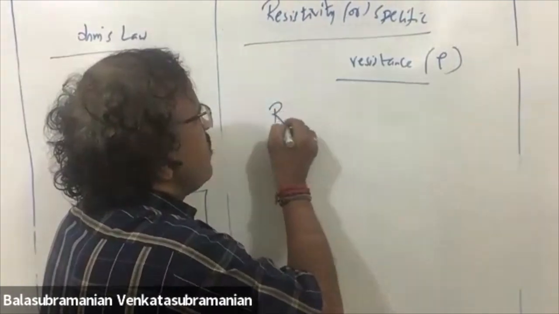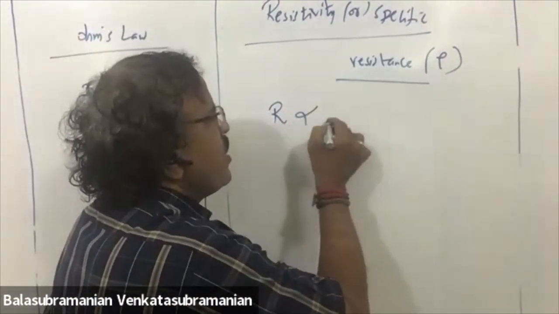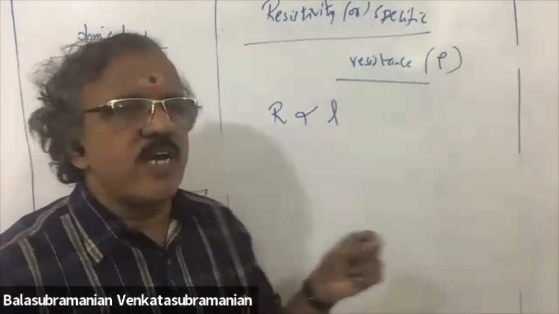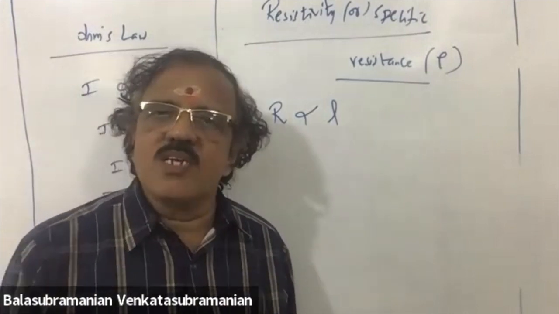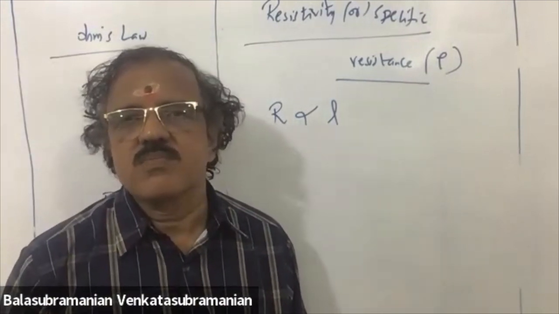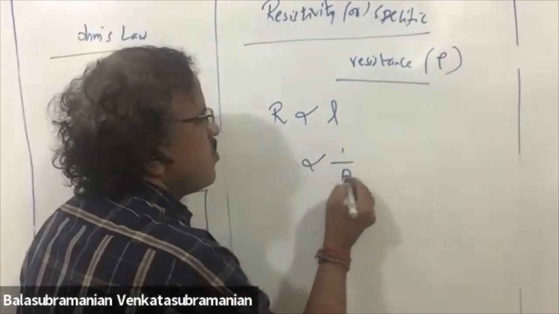The resistance of the wire is directly proportional to the length of the wire you are considering. More the length, more the resistance. And it is inversely proportional to the area.